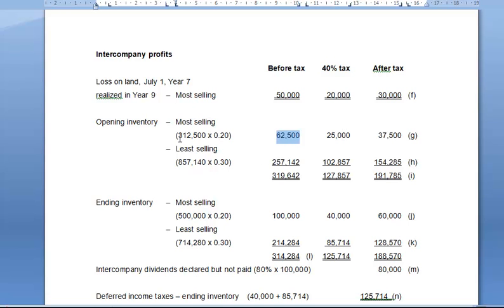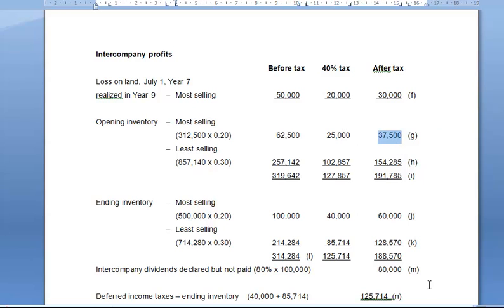Because even though at the beginning of year 9 it wasn't yet sold outside, during year 9 it was sold outside. So therefore, this profit is going to come into consolidated income in year 9, and we're going to have to increase our tax expense for the year for the consolidated entity by $25,000. So this is on an after-tax basis going to increase income and therefore retained earnings by $37,500.